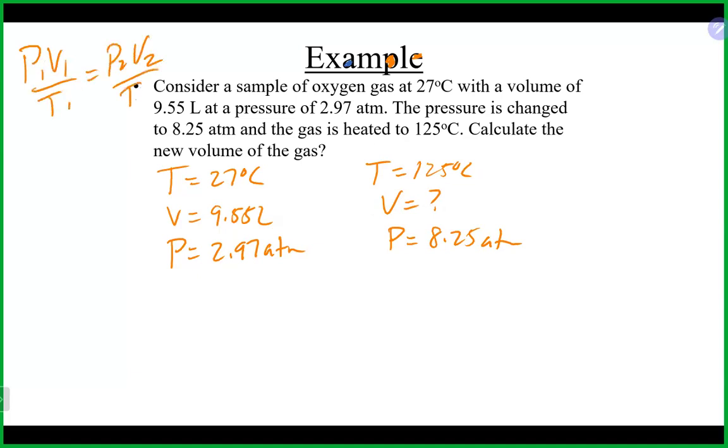And again, here, there's no mention of moles, so I'm not going to worry about the moles part of it. I'm just going to call the first ones the ones, the second here the twos. Like normal, we got to do our conversion here to Kelvin for our temperatures.